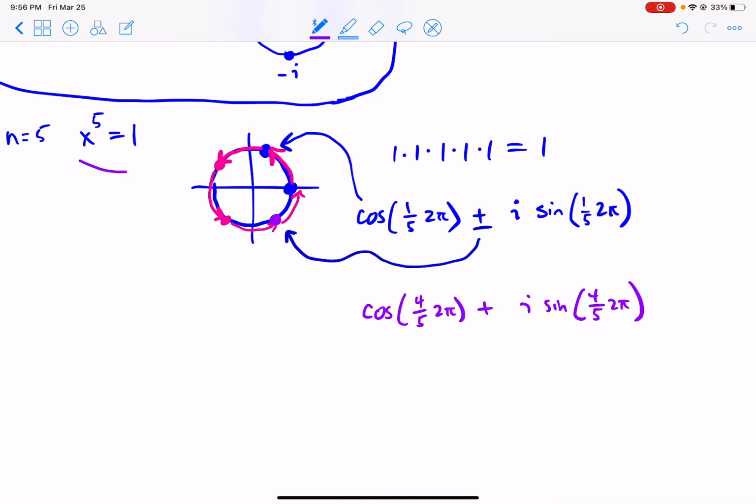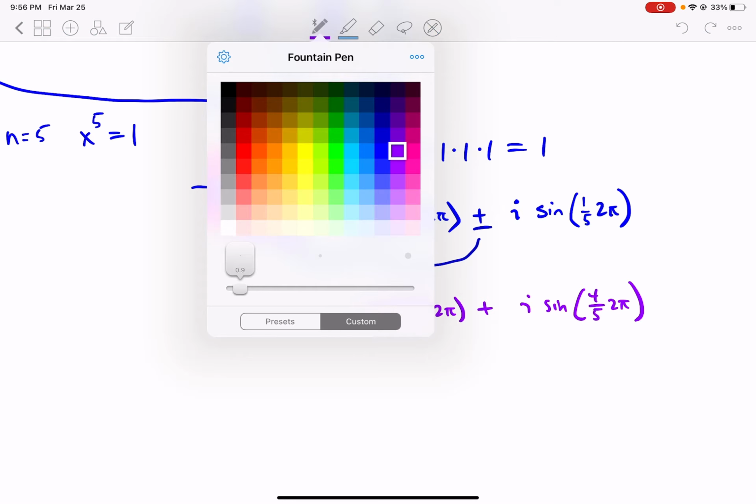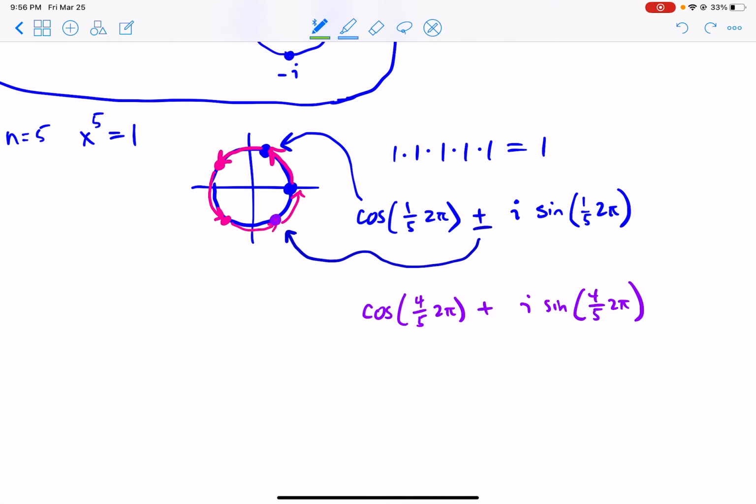There should be 5 solutions. I think we got 3 solutions so far. The other ones are here and here. What are those? Well, this one would be cosine of something plus i times sine of something. Why? Because it's on the unit circle, right? So now the question is how far? Well, what's this angle?